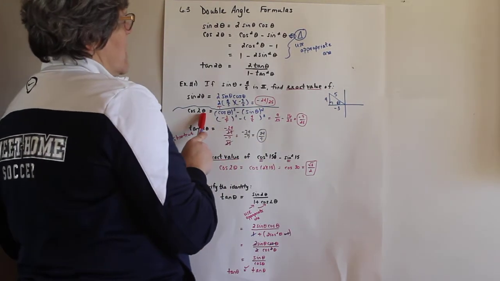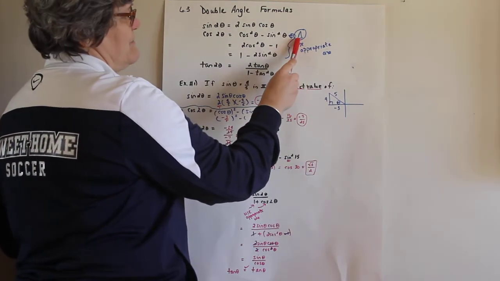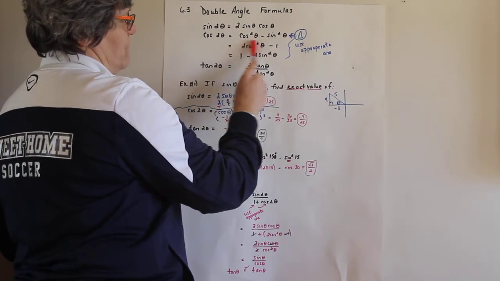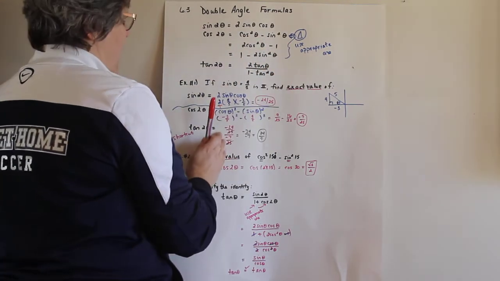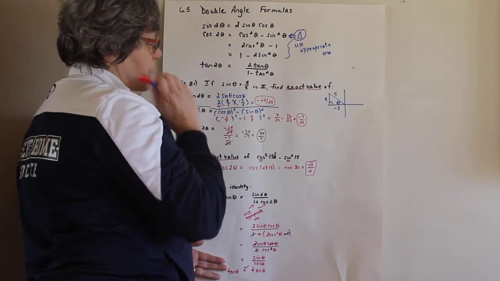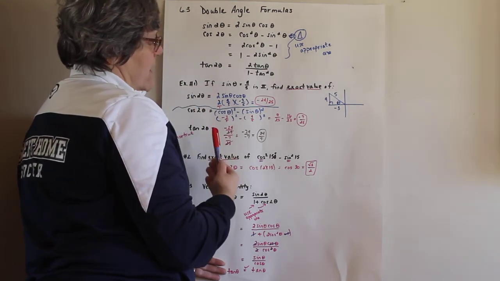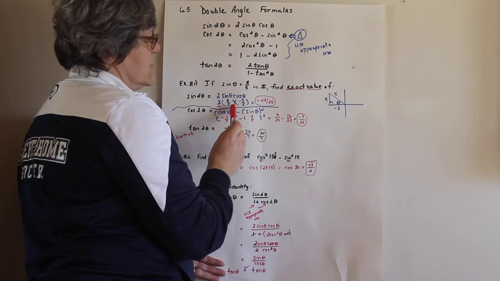Cos 2 theta. I said whenever you have to use cos 2 theta with a triangle situation, it is best to use this formula. So cosine squared theta minus sine squared theta. As I have said before, I do not like the way that is written. So I'm going to rewrite it with the trig pieces fully inside parentheses, squared.